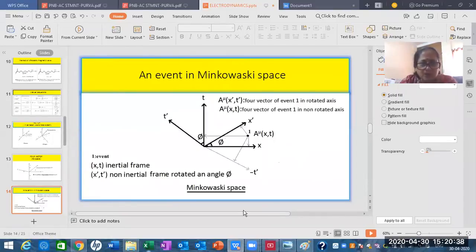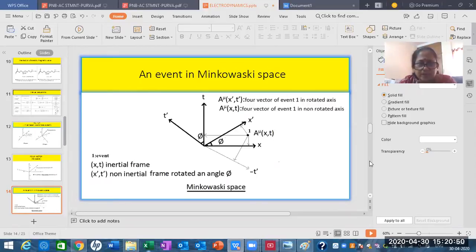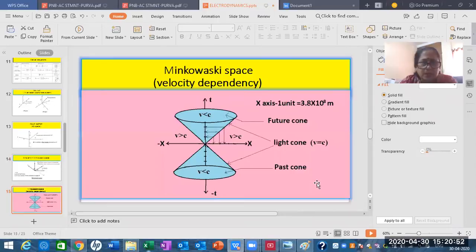Next was Minkowski space rotation. Phi is the angle of rotation. This is without rotation, and this is with rotation. Next came the velocity dependency of Minkowski space, and from that we came to the light cone.